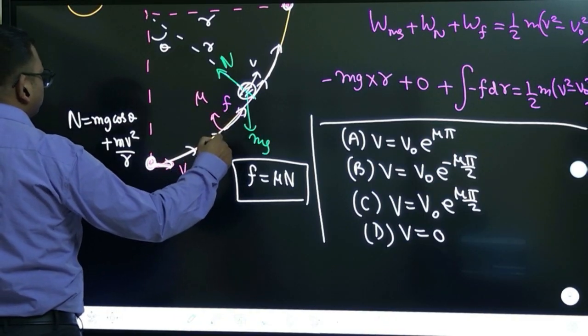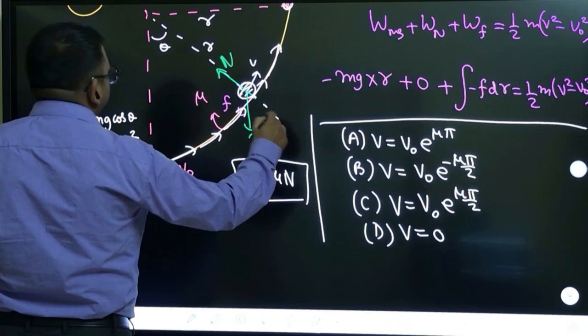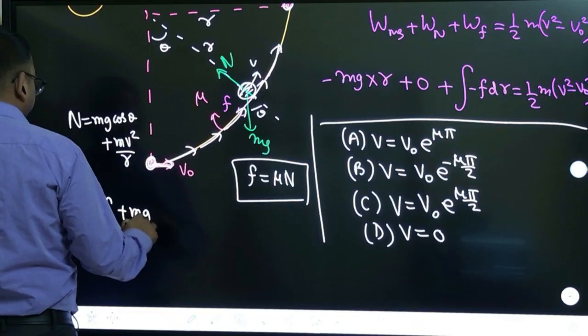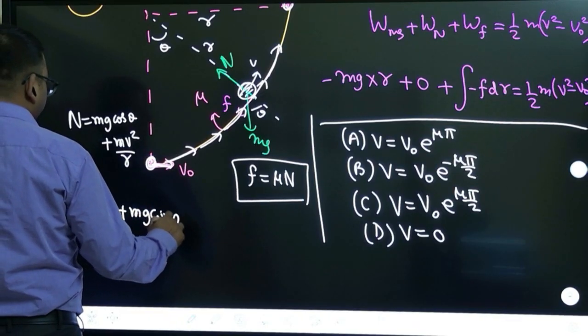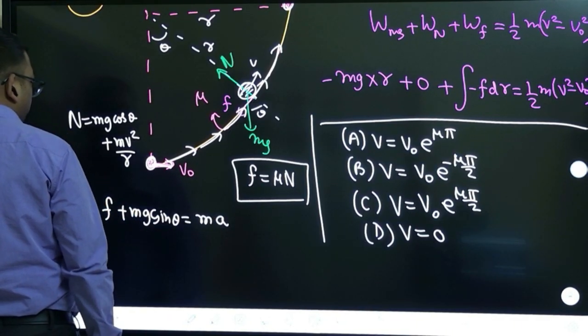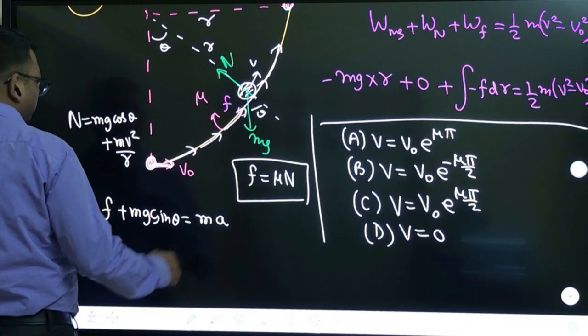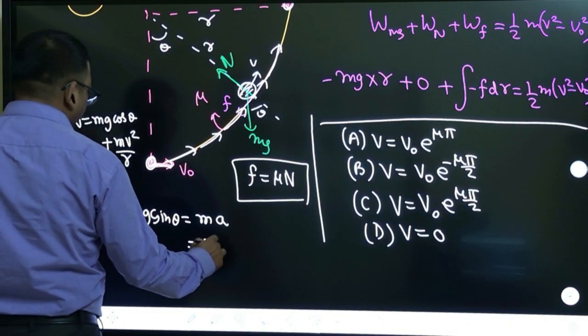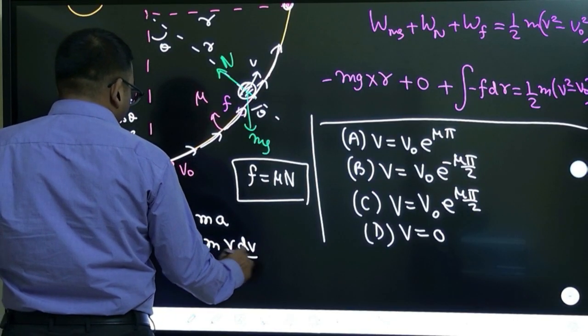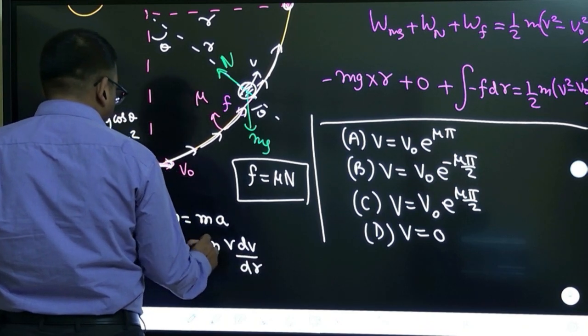And if you want tangential, suppose this is taken, so friction plus mg sine theta will be mass into acceleration, correct? And speed is decreasing, so acceleration can be written as v dv by dr, but with a minus sign we have to write.